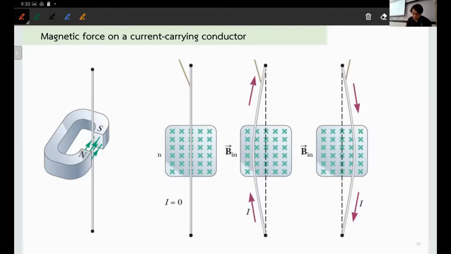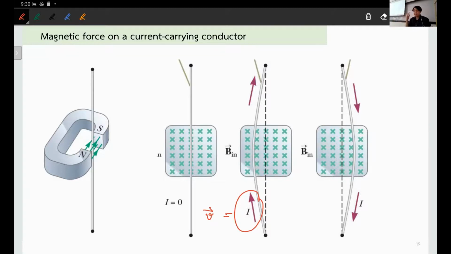Every time you have current flow, it's equivalent to having a charge with velocity. If the current is flowing upward, it means the charge is moving upward. So there's no doubt, you can also apply the same techniques to a current-carrying wire.